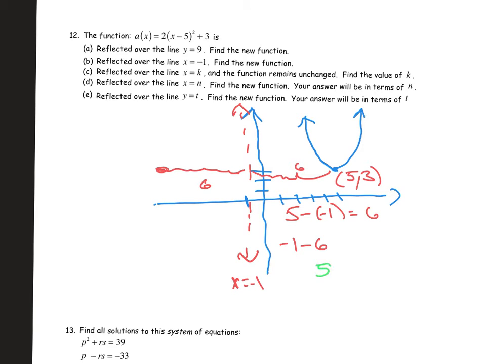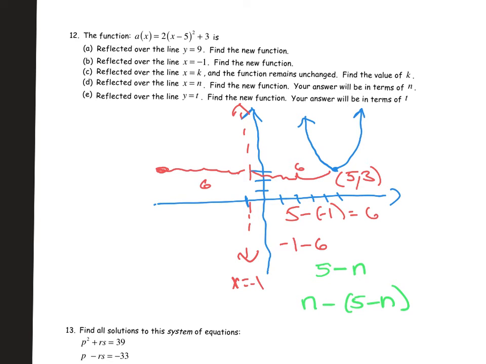Before we took that 5, the actual vertex, let's do a different color here. We did 5, and then instead of subtracting -1, we're going to subtract some generic n. So 5 minus n gets that distance between the vertical line and the vertex. And I'm going to take that distance, and like we did before, instead of -1, I'm going to say n minus (5 minus n).